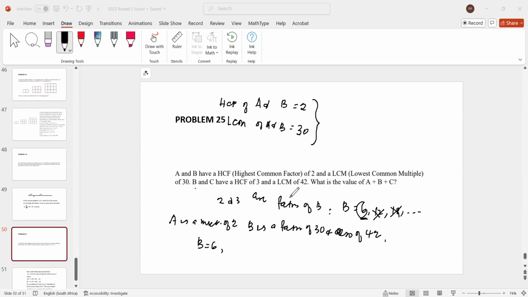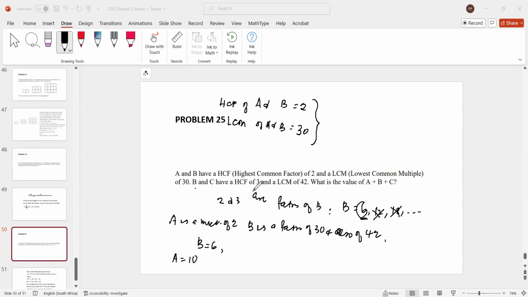And the LCM is 30, so the smallest number which is divisible by 6 and A is 30. So A could be 5, or it could be 10. So you'll see A is equal to 10, because the HCF is 2, you see.